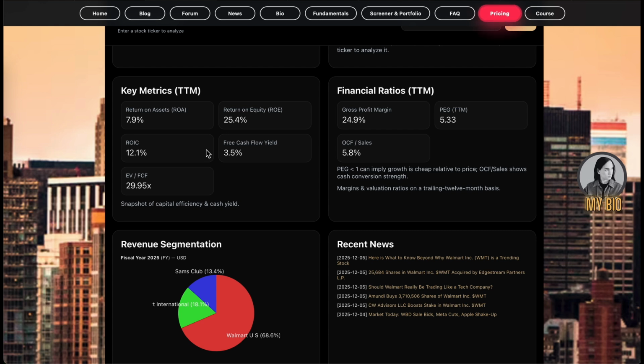Now free cash flow yield. As with ROIC, the higher the ratio, the better it is. The same rule applies to free cash flow yield. Cash flow is the key because free cash flow is used to buy back shares.